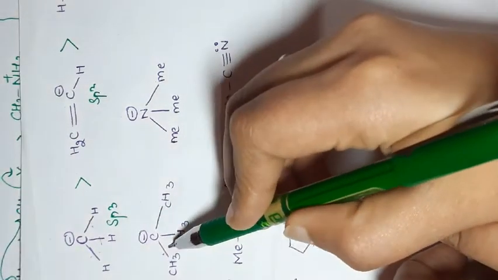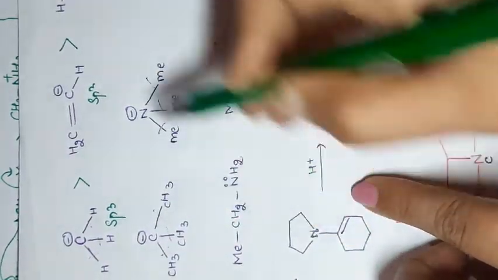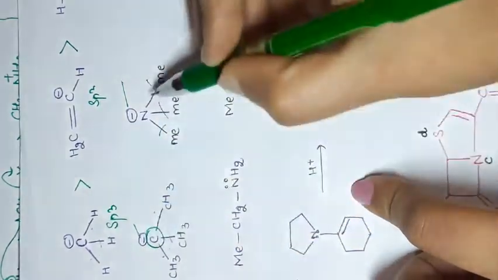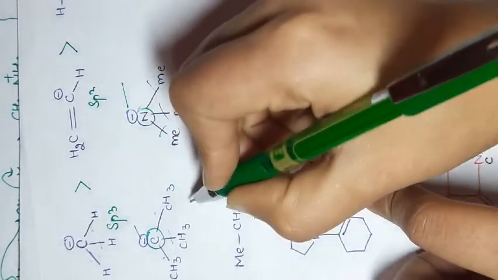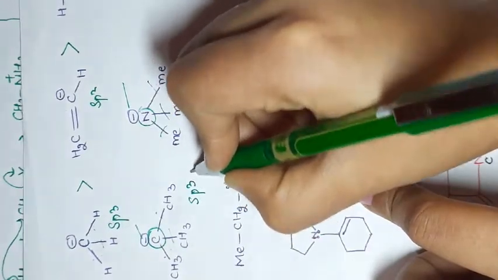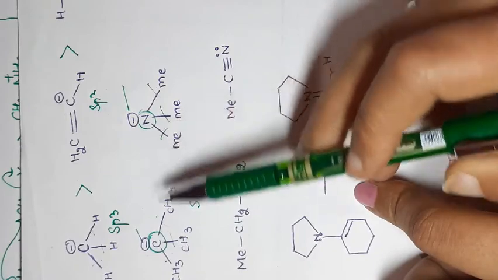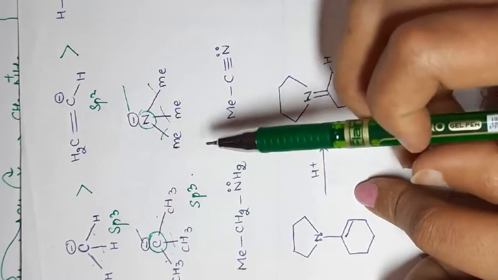See, here also methyl, methyl are common, and this lone pair is common. Now the question arises: this carbon and this nitrogen are both sp3 hybridized. Now how will we decide which will have better donation or donor ability?